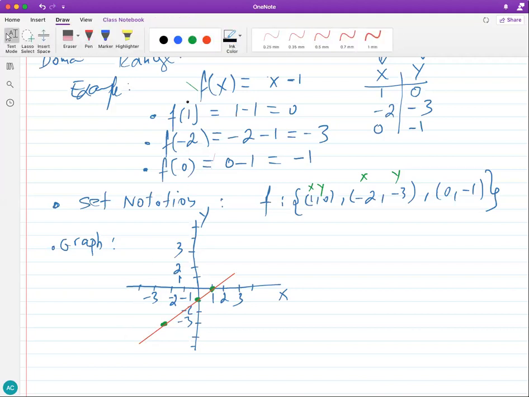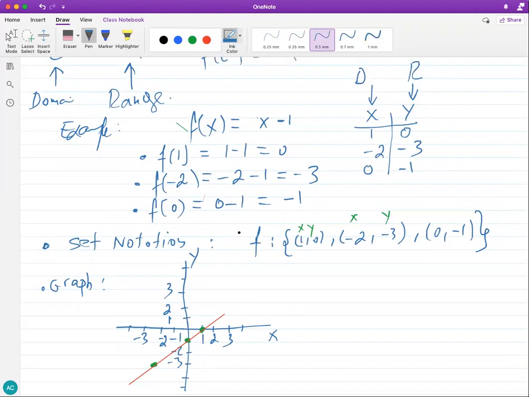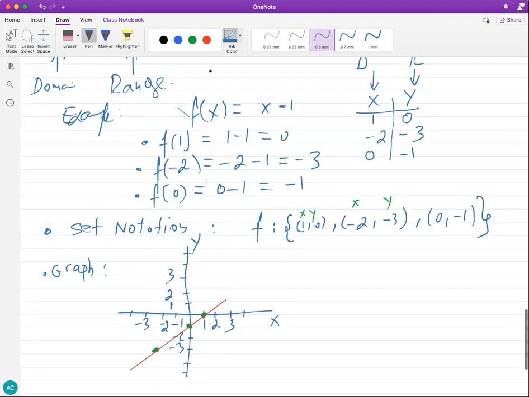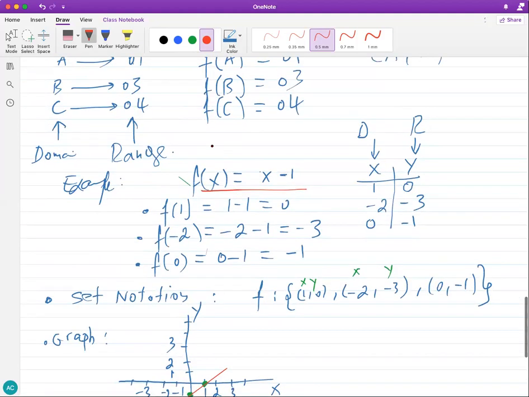That's good. So our graph is a straight line. For this function here, the graph is a line. That's why we call this a linear function.